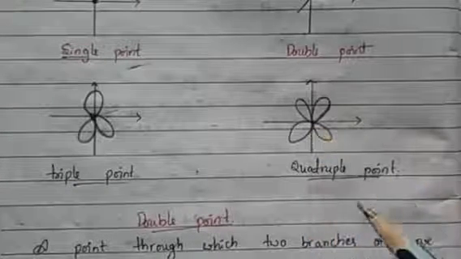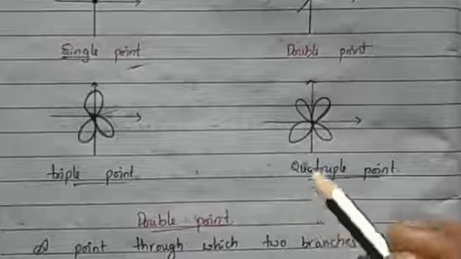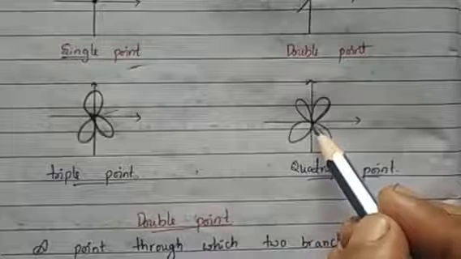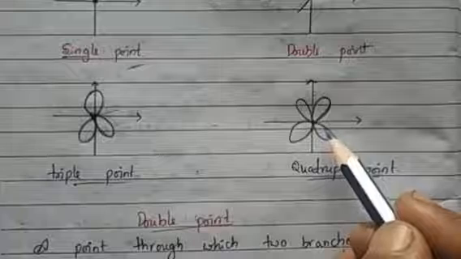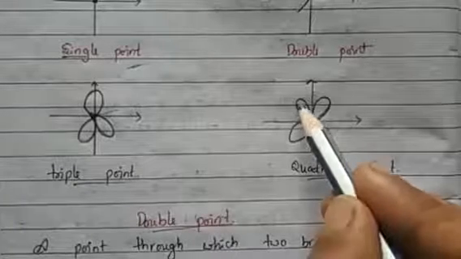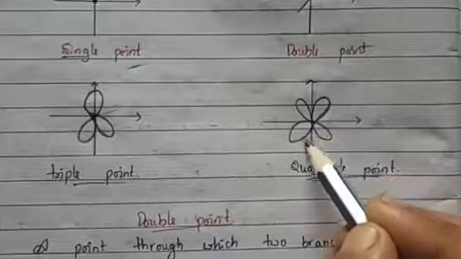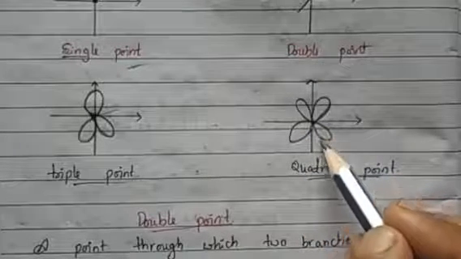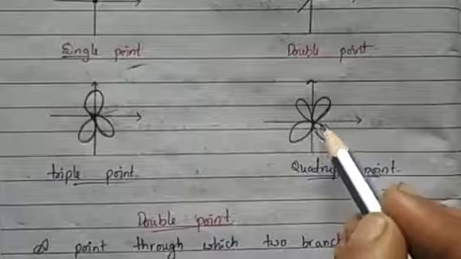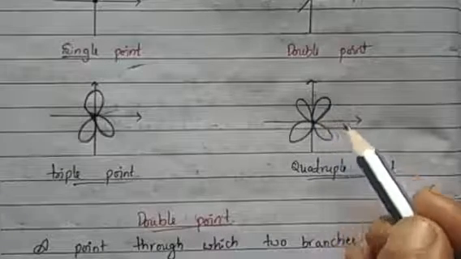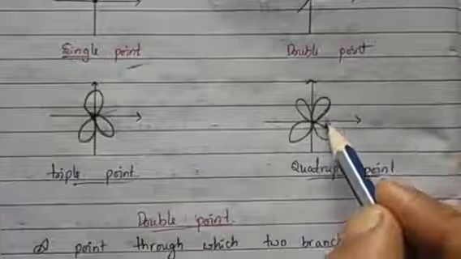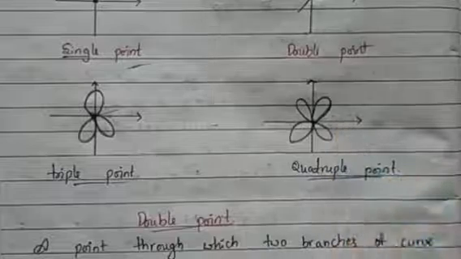This point is called a quadruple point, because in this graph four branches of the curve pass. This is one branch, this is another, this is also one branch, and this is another branch. At this point, four branches of the curve pass. Hence, we say this point is a quadruple point.